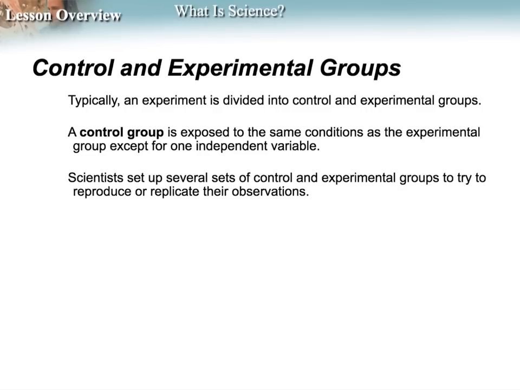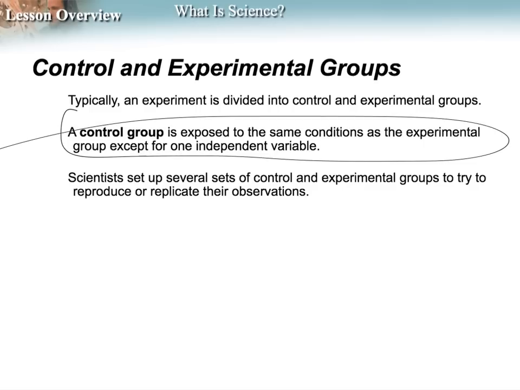When we do experiments, we like to have 2 groups. One is called a controlled group, and the other one's the experimental. The control group, as it says here, is going to have the exact same conditions as the experimental group, except for 1 variable change. So if I was going to test radish growth with temperature, everything else should be the same. So think about all the things that you should keep the same, and then change only one.